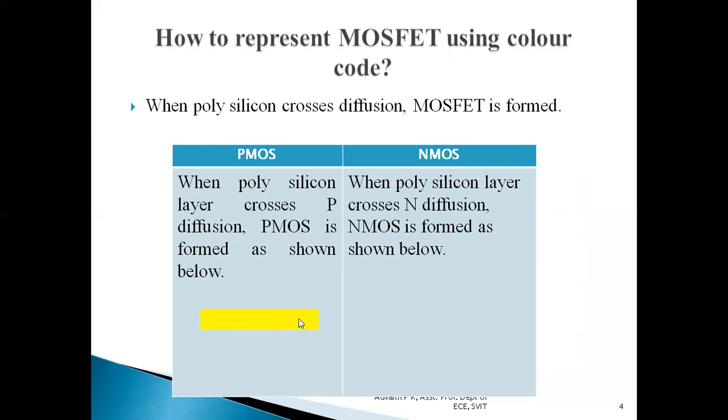Yellow color represents P-type diffusion, and when it is crossed by polysilicon, which is represented by red color, we get a PMOS transistor. Similarly, when the polysilicon layer crosses N-type diffusion, an NMOS transistor is formed. N-type diffusion is represented by green color, and when it is crossed by polysilicon, we get an NMOS transistor.